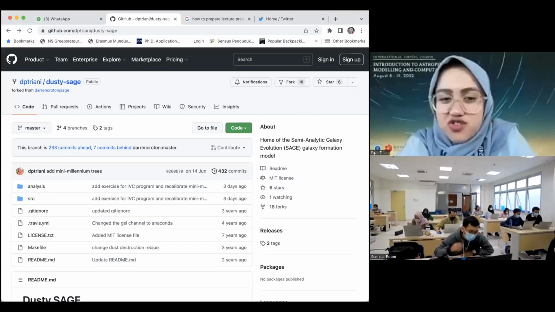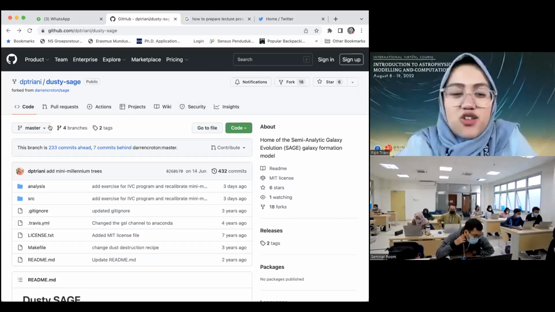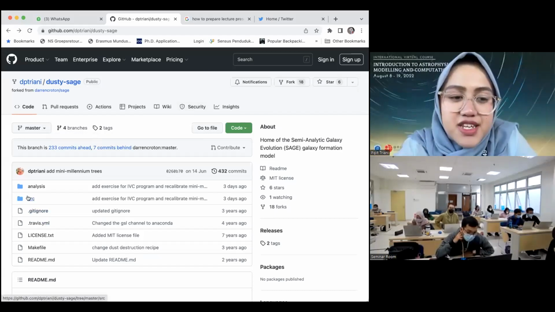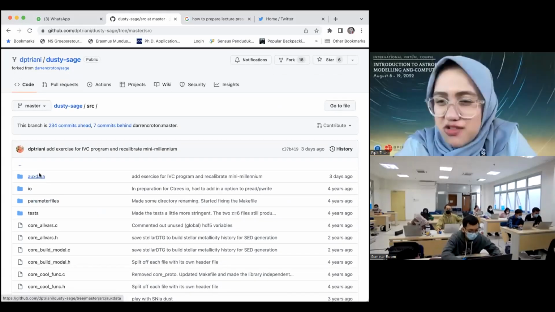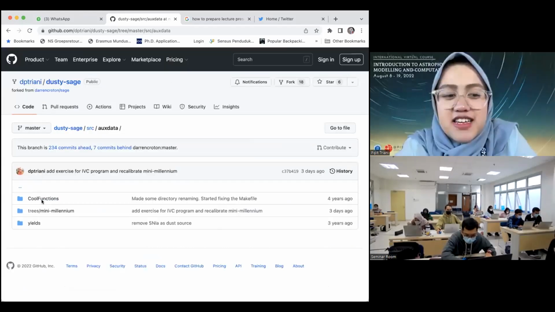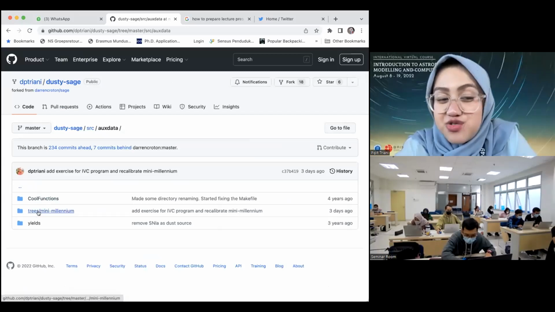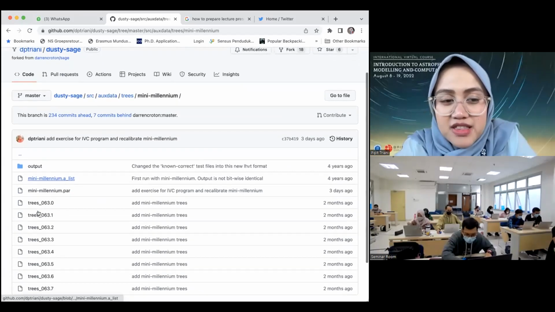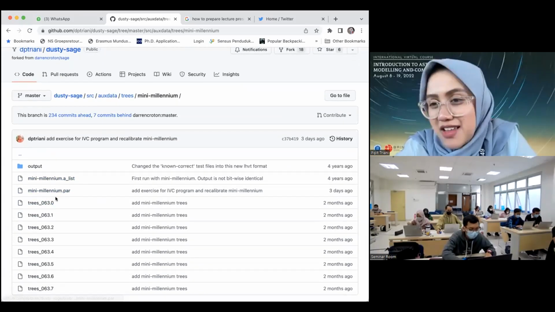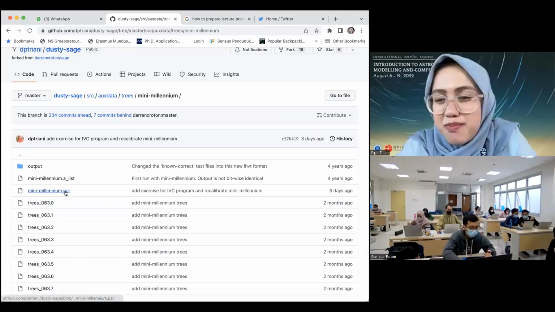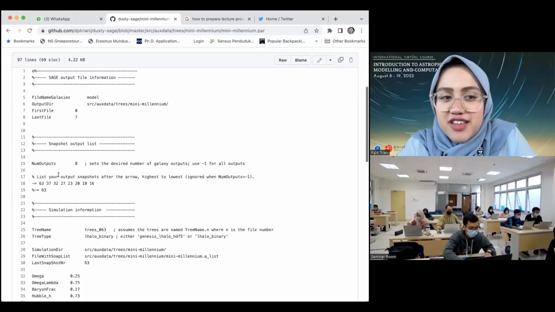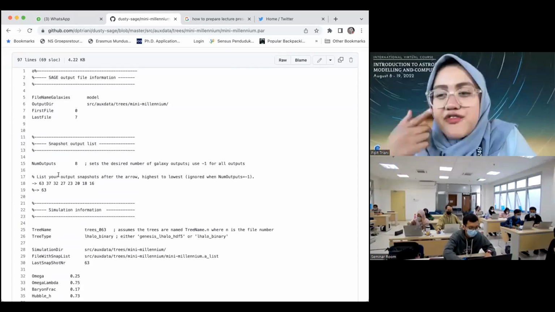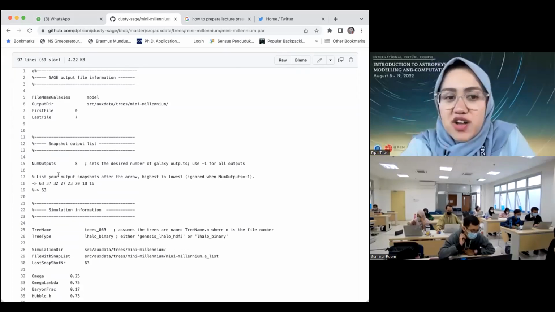Once you go to the GitHub, you can download all of this, but inside source, aux data, and then millennium, there is this minimillennium.par file that looks like this. This is the parameter file that you need to run the model.